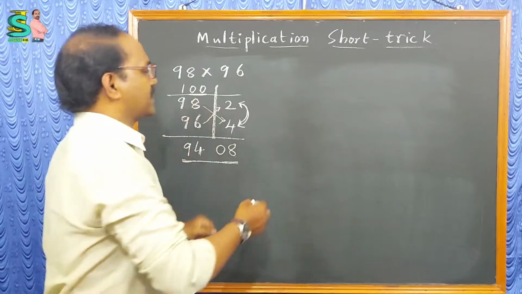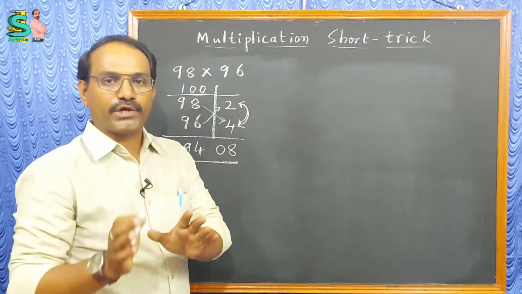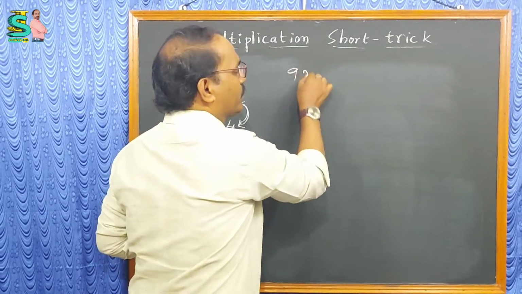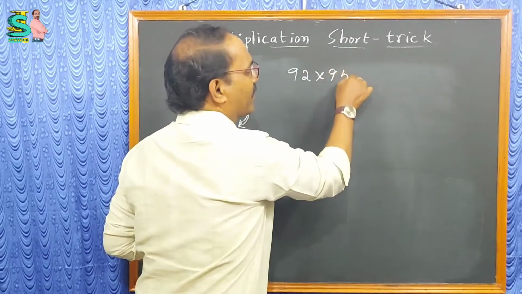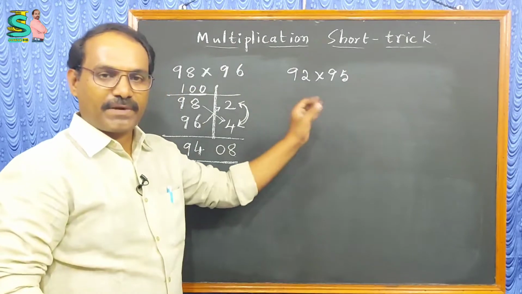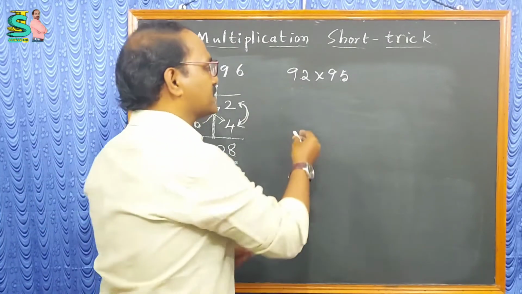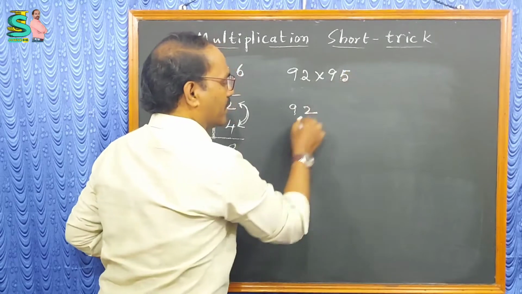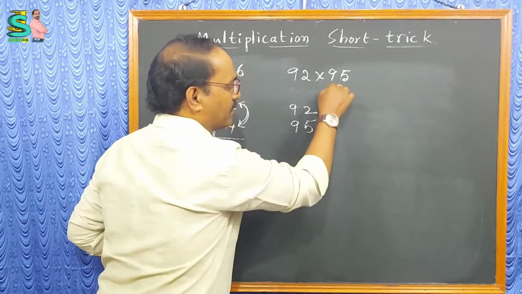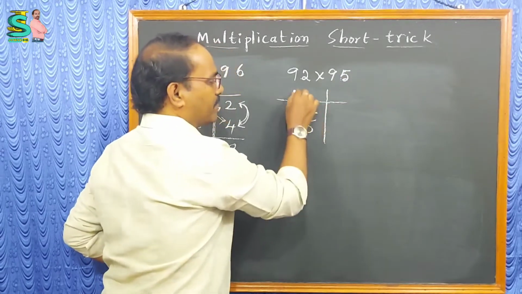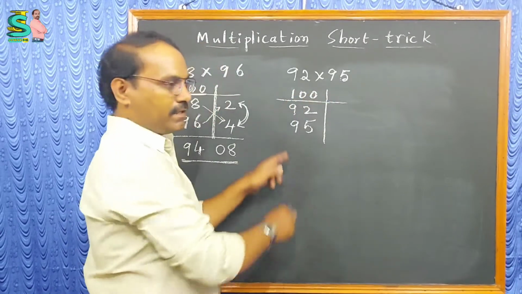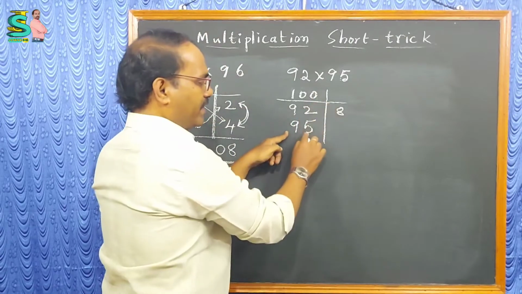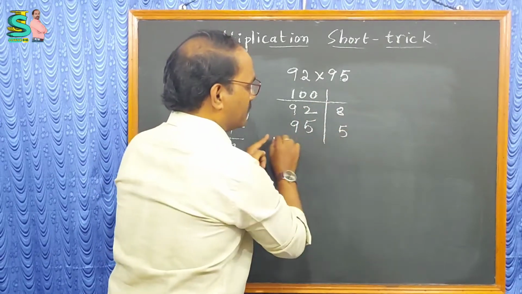Okay, let us check another question which is near to 100 again. 92 into 95. What is the product? Check here, 92, this one 95, these numbers are near to 100. 100 minus 92 is 8, 100 minus 95 is 5.